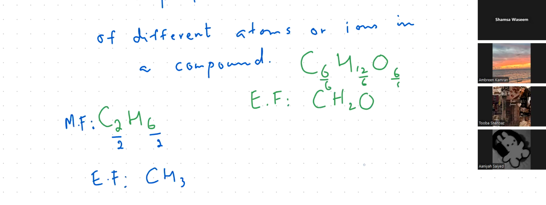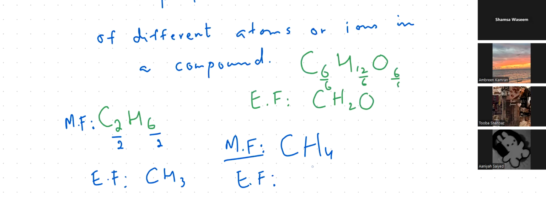So the empirical formula is the simplest ratio of whole numbers, right? What about methane? The molecular formula of methane is CH4, right? Now let me know, can we simplify it further? What should be its empirical formula? No. Here we have 1, here we have 4.